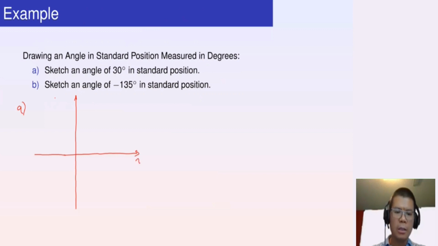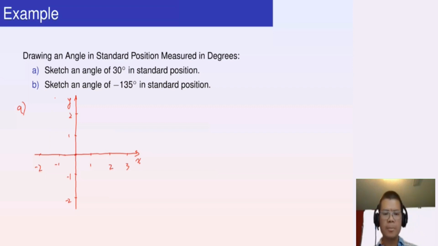Here is X, here's Y. Say this is 1, 2, and 3, and -1, -2 on the other sides. And this is the origin. So now we have this, our first step. Let's say the positive x-axis is going to be the initial side. And then we want to sketch the angle of 30 degrees in the standard position.